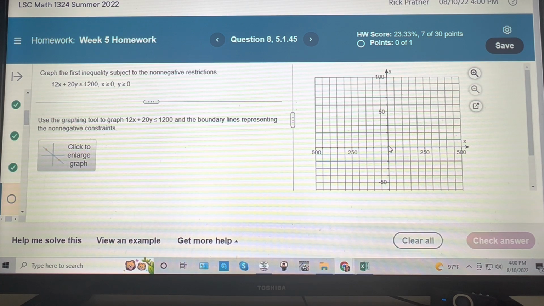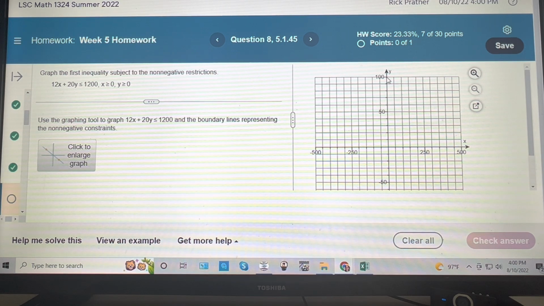X greater than 0 is a vertical line on the y-axis, and greater than for a vertical line is to the right. That's the one time you go right or left. And then y is greater than or equal to 0, that's the x-axis, and greater than is up. So if you're above the x-axis and to the right of the y-axis, you're in the first quadrant.